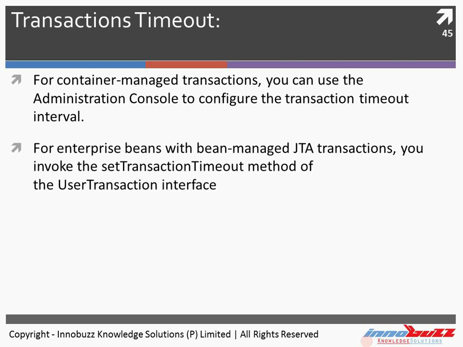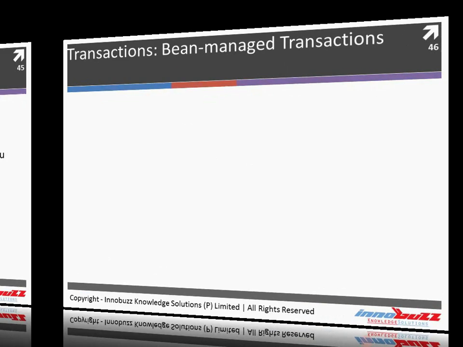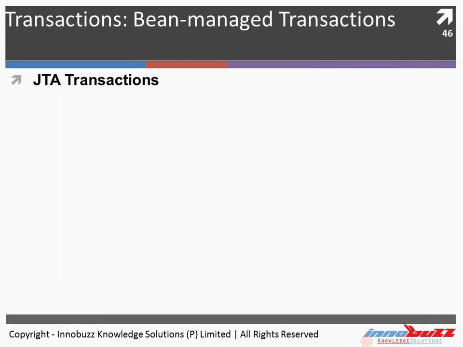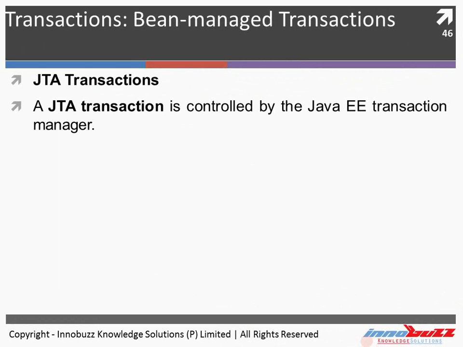If it is an enterprise bean managed transaction, which is nothing but Java Transaction API transactions, then you invoke the setTransactionTimeout method of the UserTransaction interface. So this is how it works if you go with enterprise bean managed transactions. For bean managed transactions, as said earlier, we have the Java Transaction API that is controlled by the Java Enterprise Edition Transaction Manager.